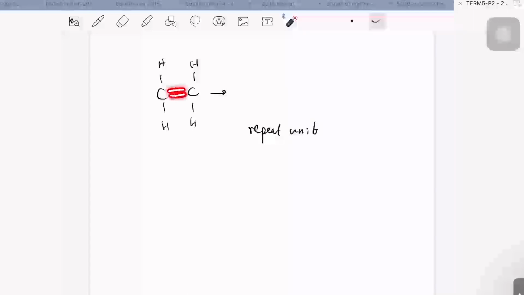Now, if I draw the repeat unit of this polymer, what I need to do is, there's a double bond, right? Erase one bond from that and draw the structure. And then put a bond to this carbon and bond to this carbon. That's the repeat unit of this polymer.